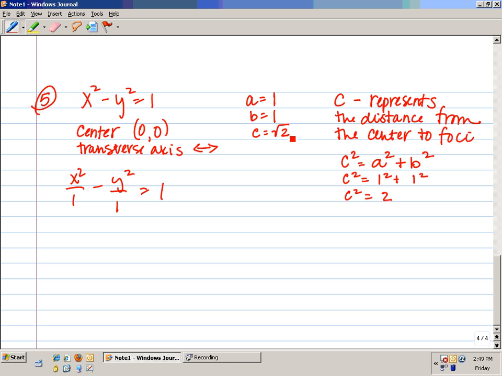So now that we know what a and b are, I can find my vertices and my foci. I'm going to erase this and write down the side so I have room. So my vertices are at plus or minus 1, 0. Let me sketch this real quick.